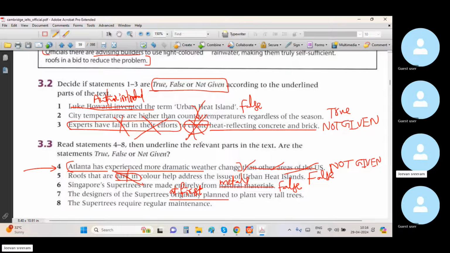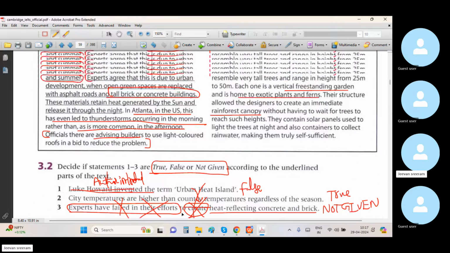Is there any information about designers' initial thoughts given in the passage? No information about designers.